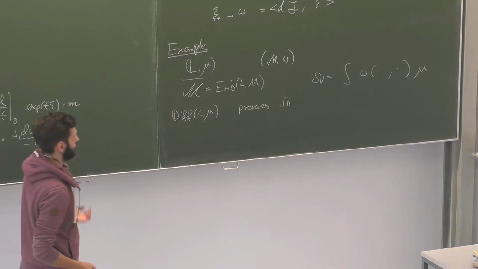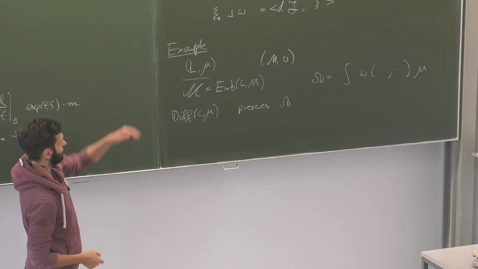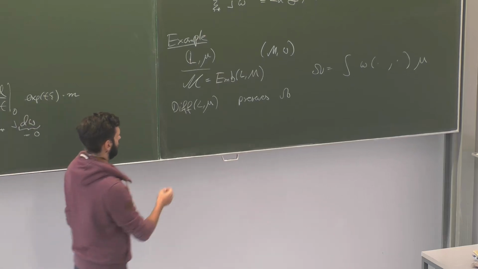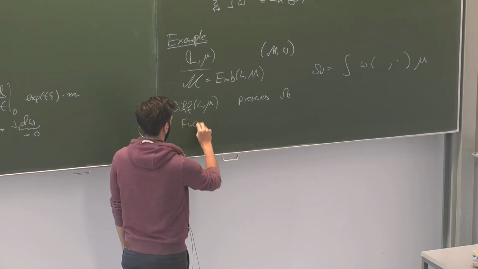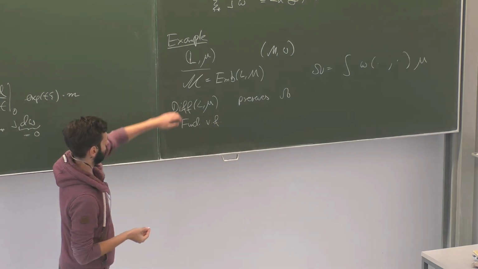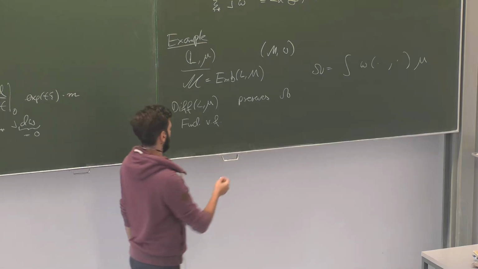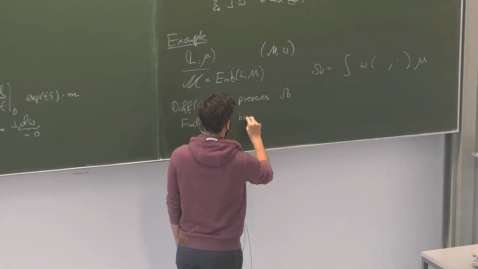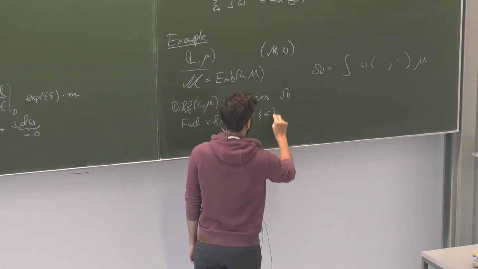In order to calculate the momentum map, you need to calculate the fundamental vector field, on the space of embeddings, and it's induced by a vector field on L.